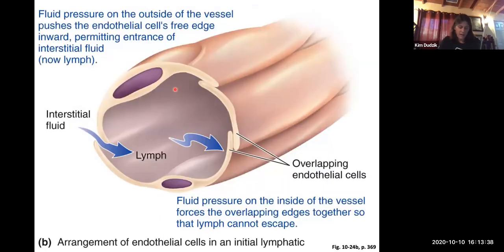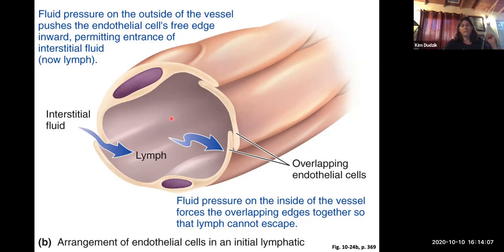So again, lymphatics mostly operate on pressure. So the fluid pressure on the outside of the vessel has a higher influence. The pressure isn't higher, but there's a higher influence just because of the structure of the lymphatic vessel. The epithelial cells that create the lymphatic vessel overlap, so just a small amount of pressure pushes it open.